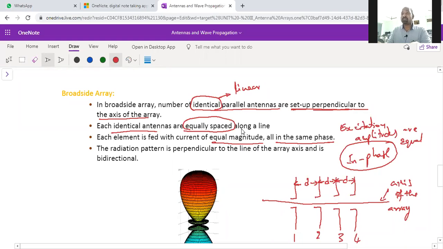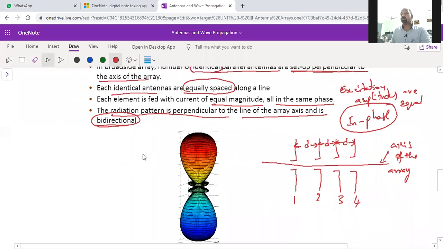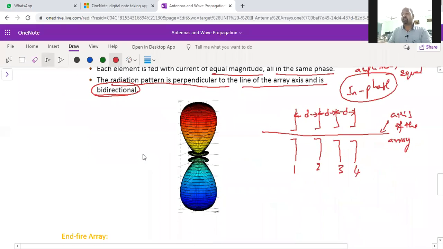If all these three conditions are satisfied, then the radiation pattern is perpendicular to the line of the array axis and is bidirectional. As shown in the figure, this is the axis of the array, and this is the radiation pattern you will get. The radiation pattern is perpendicular to the axis of the array.